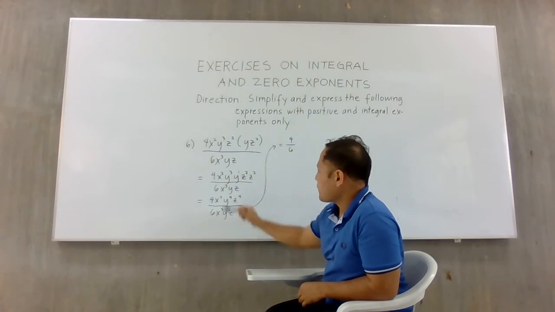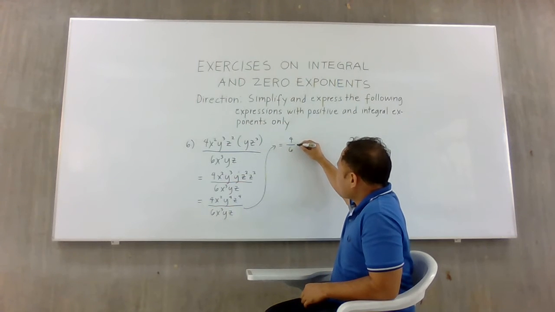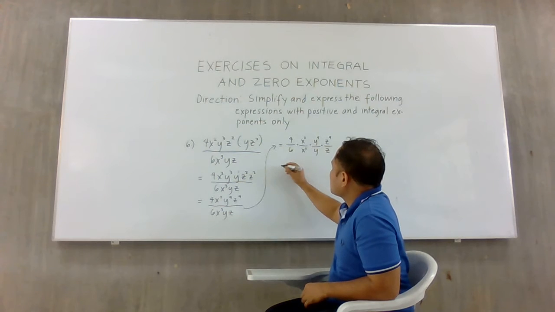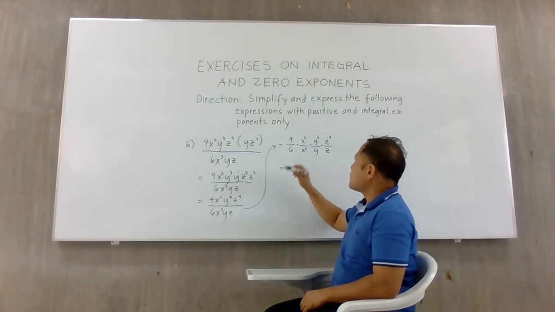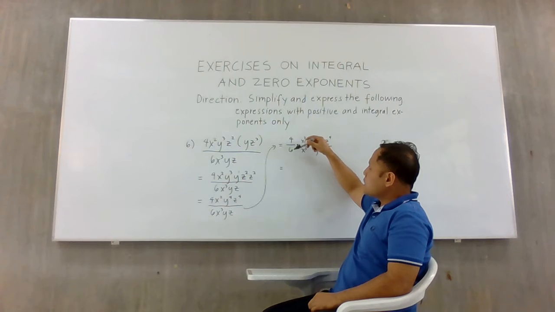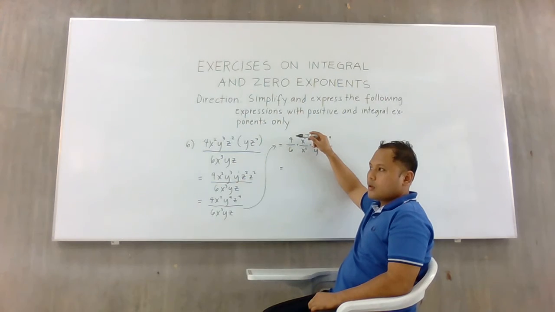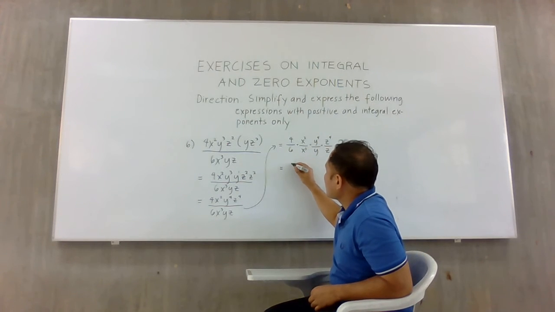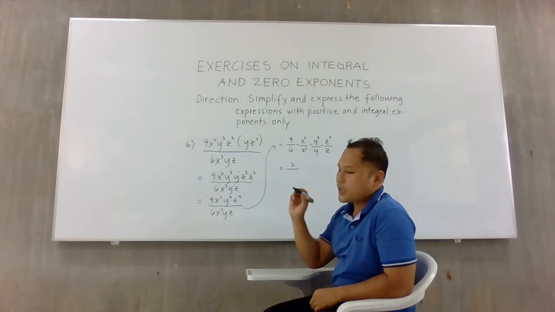So we can have 4/6 times x squared over x cubed times y to the power of 4 over y, then z to the power of 4 over z. This fraction here can be reduced to the lowest term because their greatest common divisor is 2. So 4 divided by 2 is 2. 6 divided by 2 is 3.